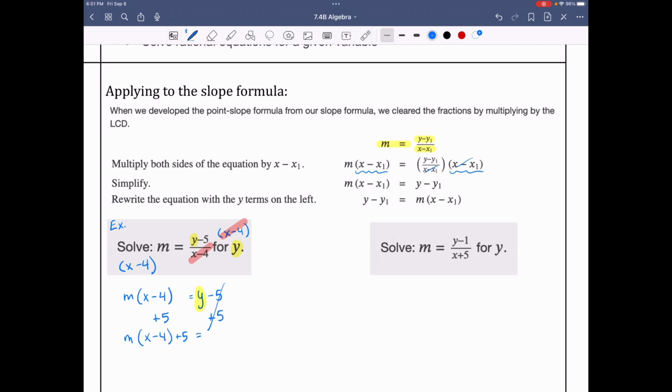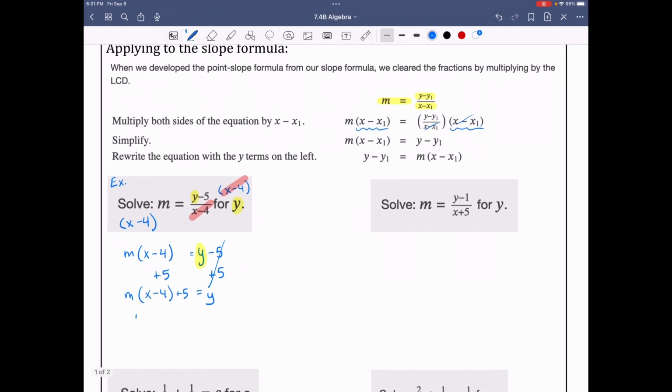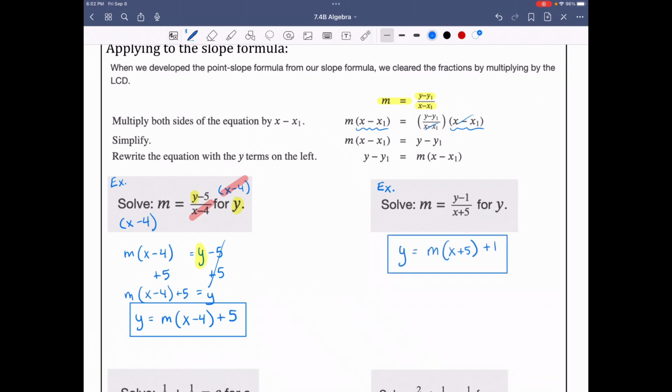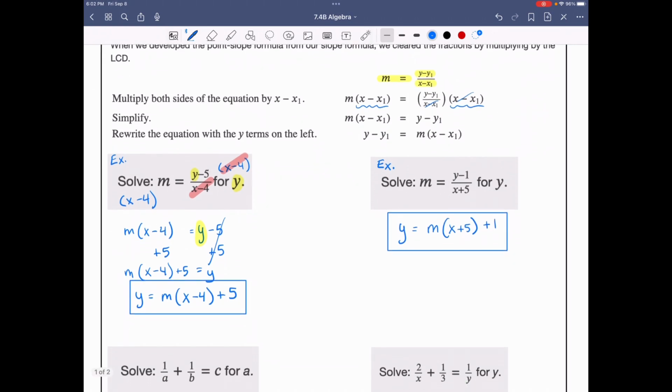I could rewrite it in the other direction: y equals m parentheses x minus 4 plus 5. That is how we solve for y. We're going to pause the video and you're going to solve for y on the second example right here. You can check your work to see if you got the same answer.